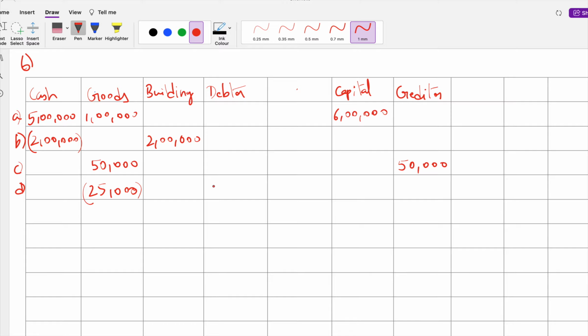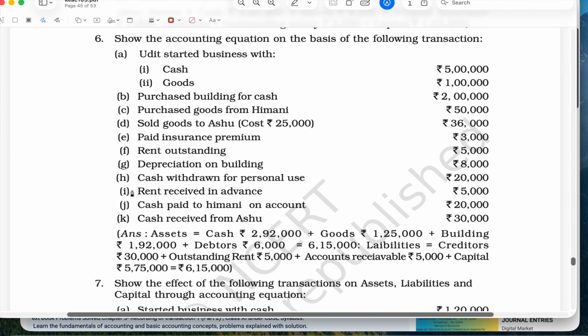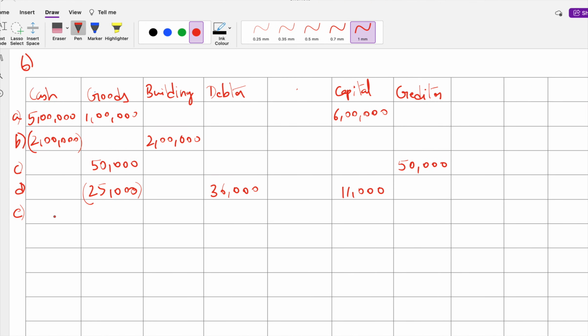It is being sold for 36,000 and the balance profit will go to the capital account, the difference. And then we have E. Paid insurance premium 3,000. It is an expense. So cash balance will reduce and this will also reduce from the capital.